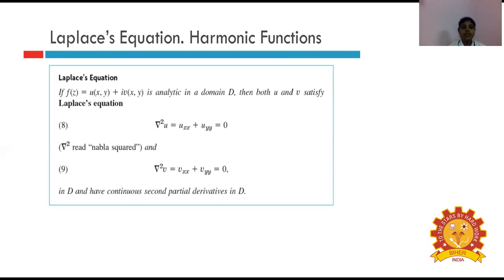Del squared u = u_xx + u_yy = 0. Here del squared is read as nabla squared. Del squared v = v_xx + v_yy = 0 in D, and they have continuous second partial derivatives in D.